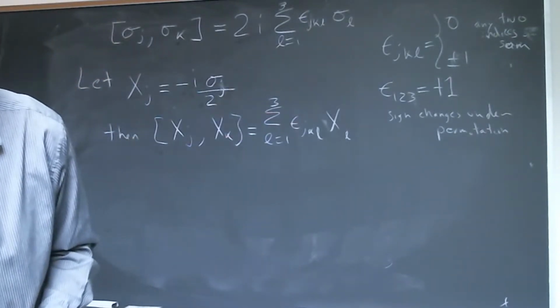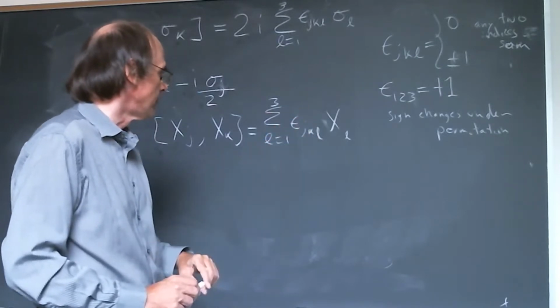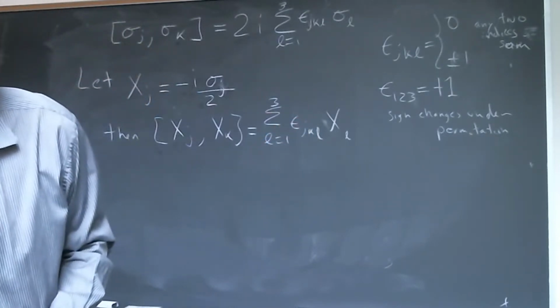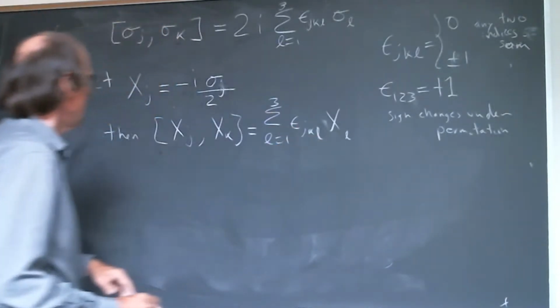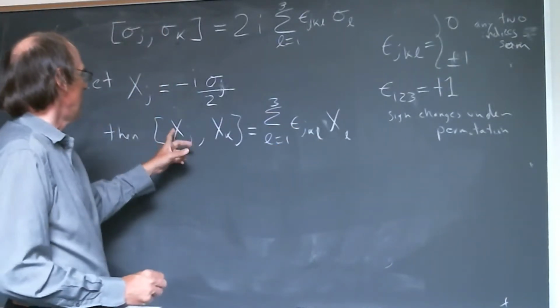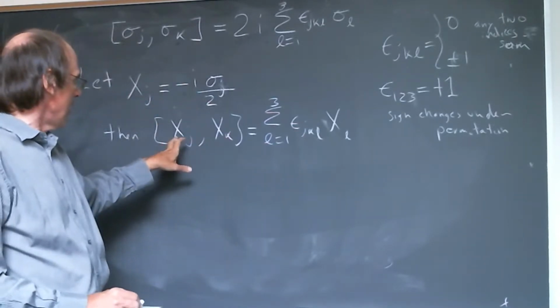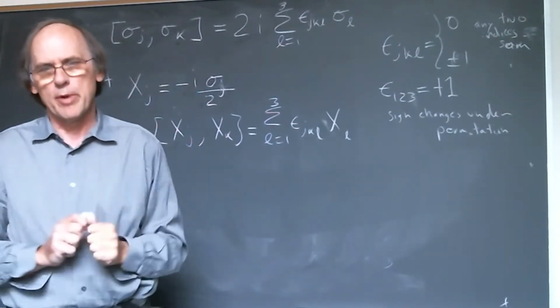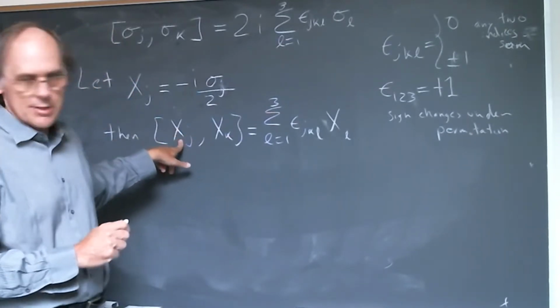But maybe just another thing to point out about this formula is that if you work with general 2 by 2 skew adjoint matrices, think of these as a basis.